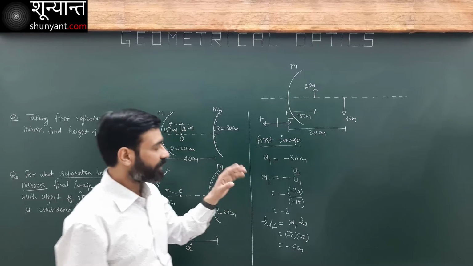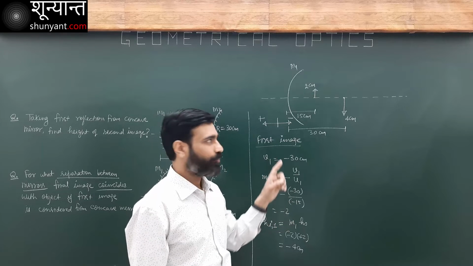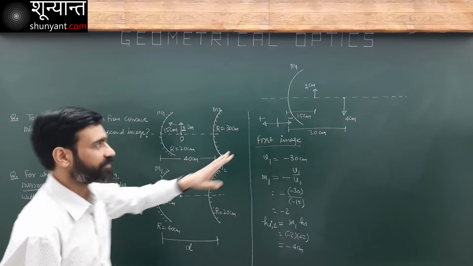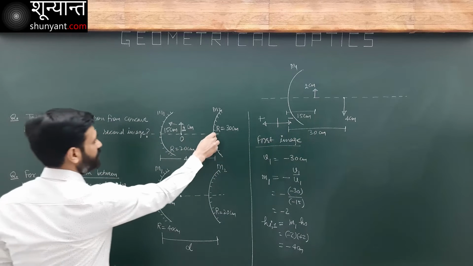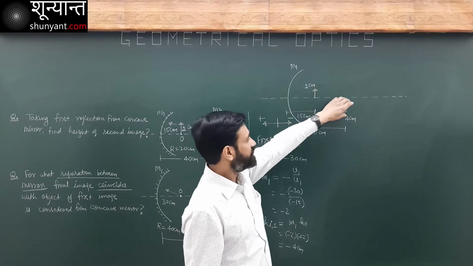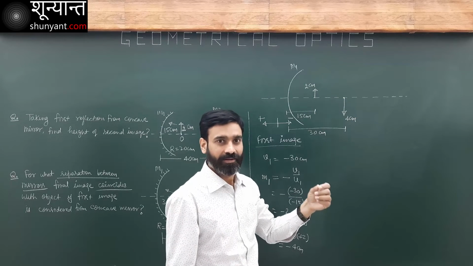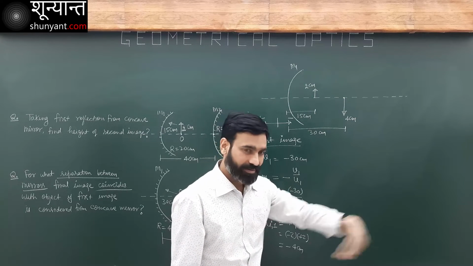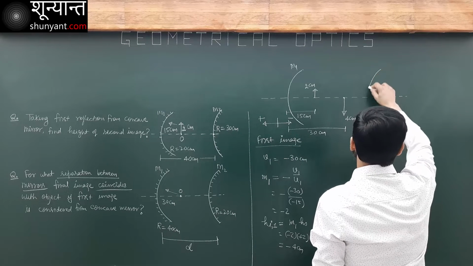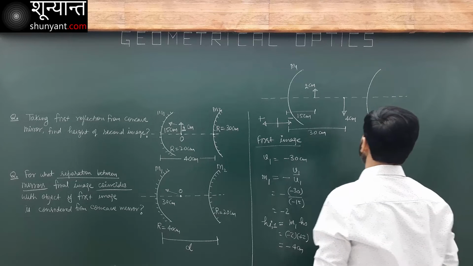If I do not have any other mirror, I am going to get just one image. That's it, the first and last. But now I have one mirror here, so the light rays will converge here. They will make a real image, but the light rays never stop. They continue moving, and when they continue moving, they are going to encounter this mirror. I have this mirror here.